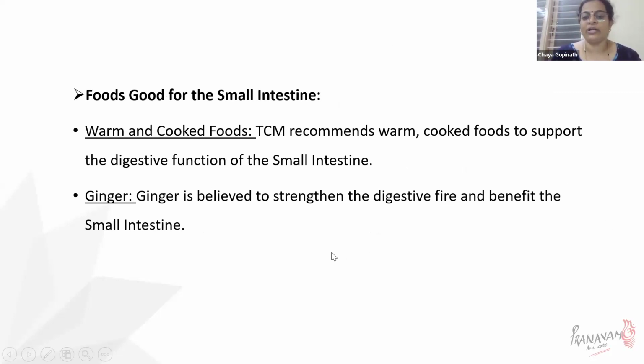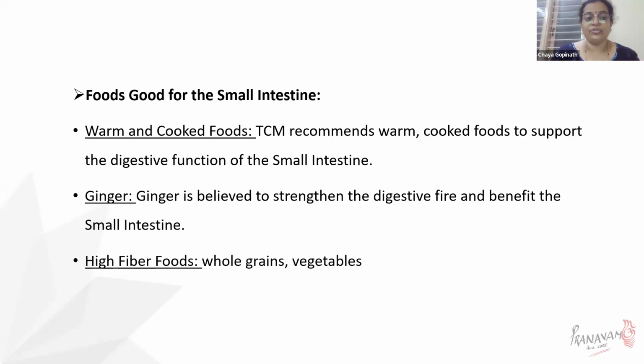If there is movement in your small intestine, that is very good for digestion, because the food has to move in your intestine. If there is not enough movement, there is going to be putrefaction and fermentation happening inside. A lot of unwanted bacterial growth will be there. Infections will happen, and that is when you will start having foul smelling diarrhea and other things. So ginger is good for this kind of stagnation.